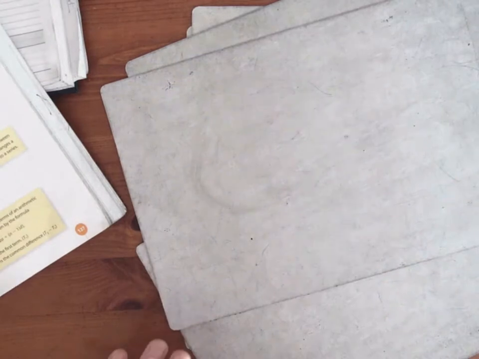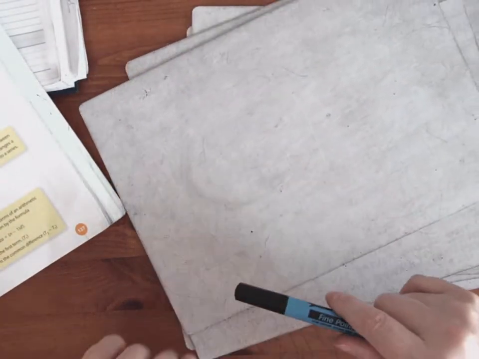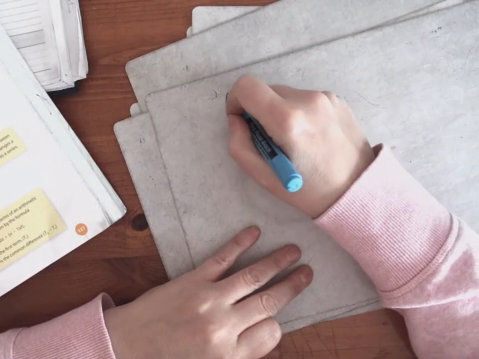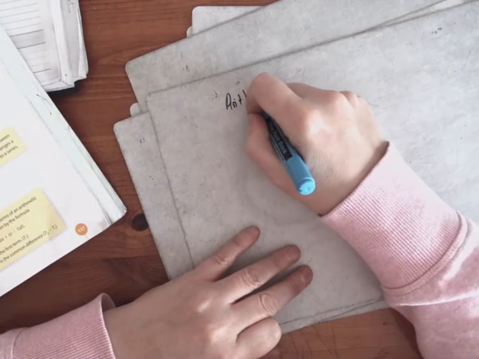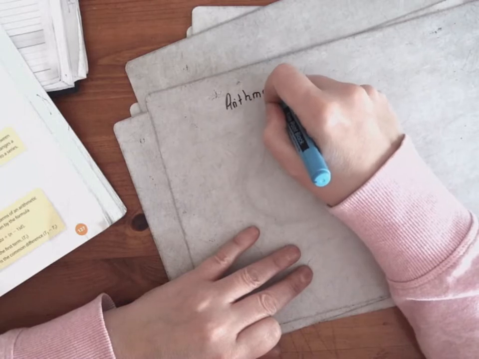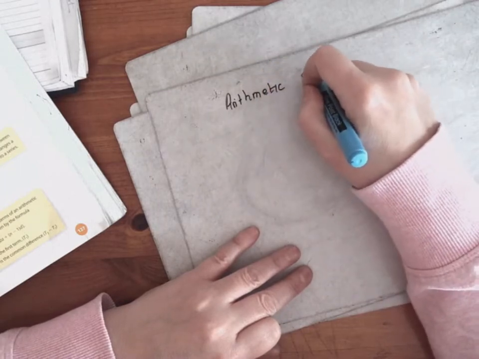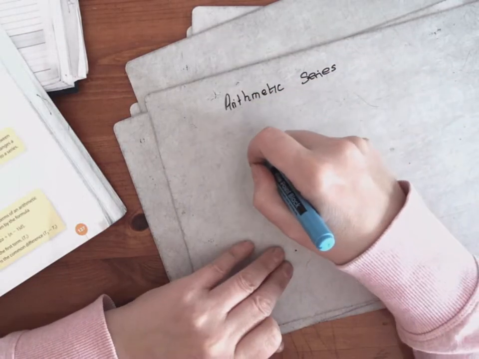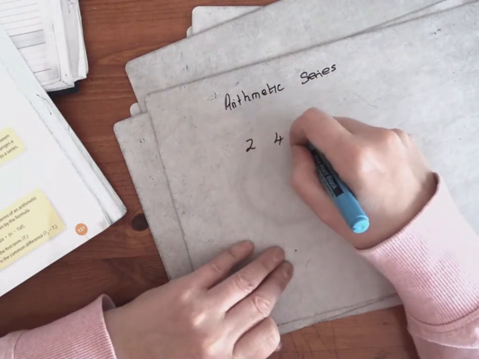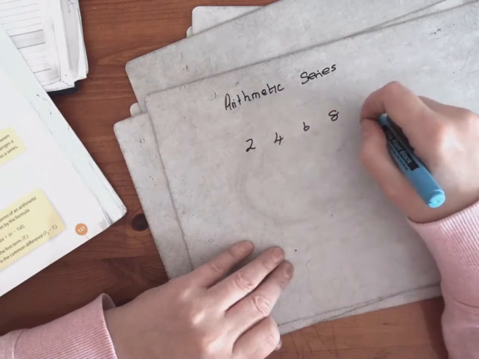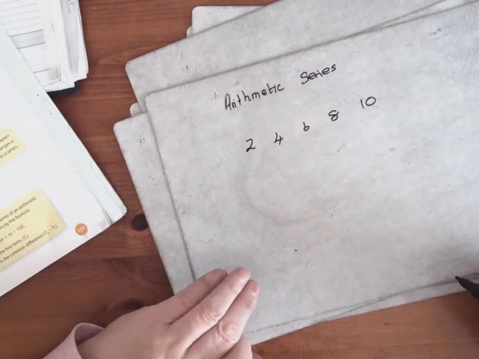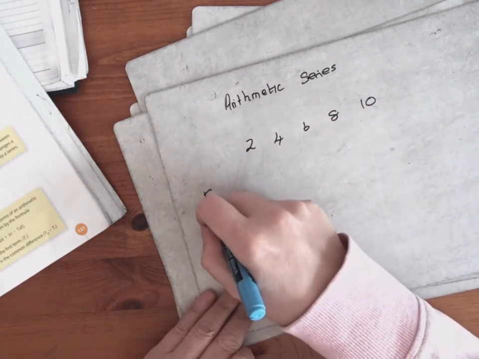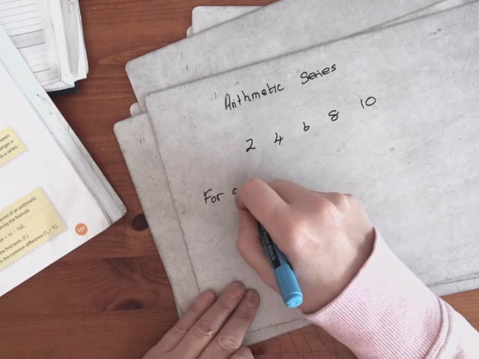Right, so the next section, girls, is an arithmetic series. So we just had a sequence, just say we have 2, 4, 6, 8, 10, etc. That was your sequence a minute ago. Well, for a series, we just add a plus between terms.